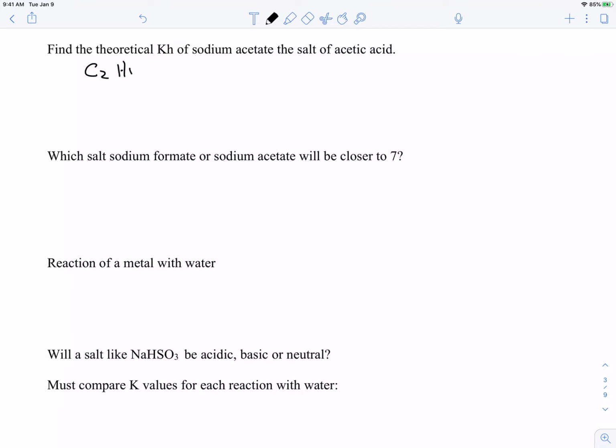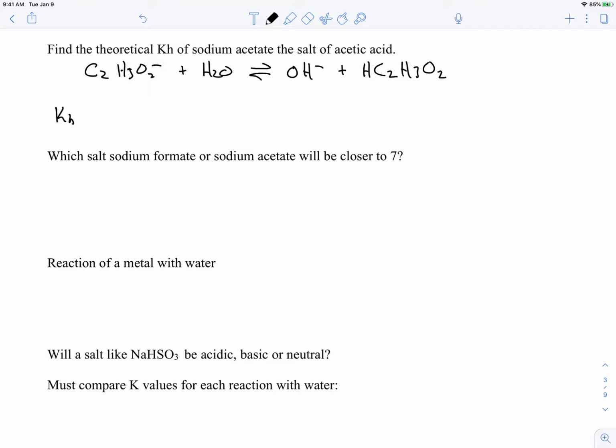So here is acetate, the salt of acetic acid, so something like sodium acetate or potassium acetate. When put in water, it is going to produce some hydroxide ions, not many, but some, plus some of the acetic acid. It will reach equilibrium.